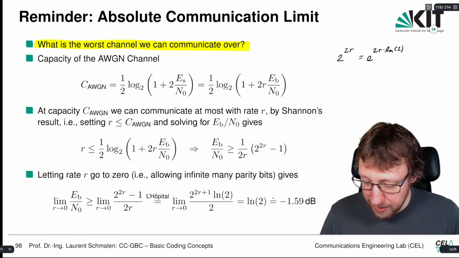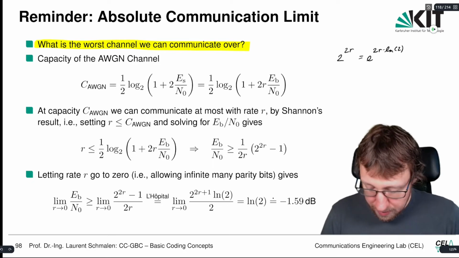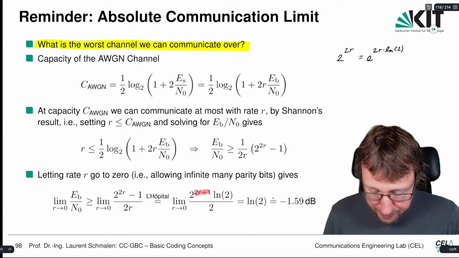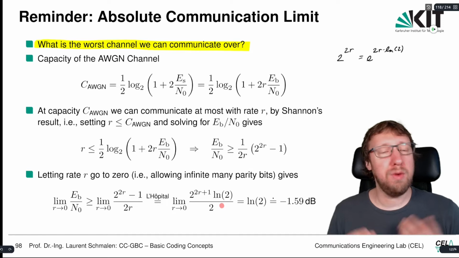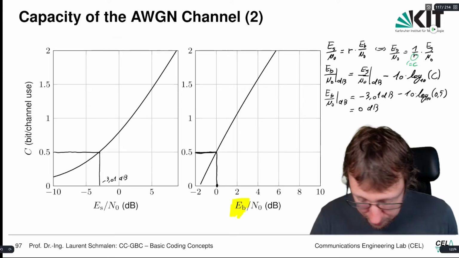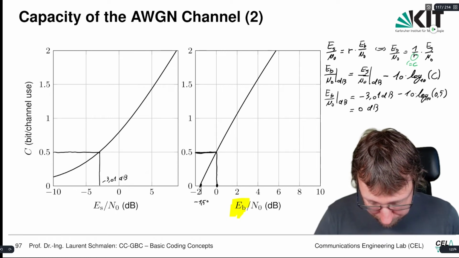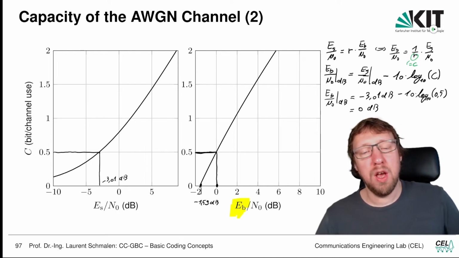Now we can calculate the limit when R goes to 0. This term goes to 1, so the 2 and 2 cancel. We end up with natural logarithm of 2. This is minus 1.59 dB, and this is essentially where we are. Here, this is minus 1.59 decibel, the absolute communication limit.